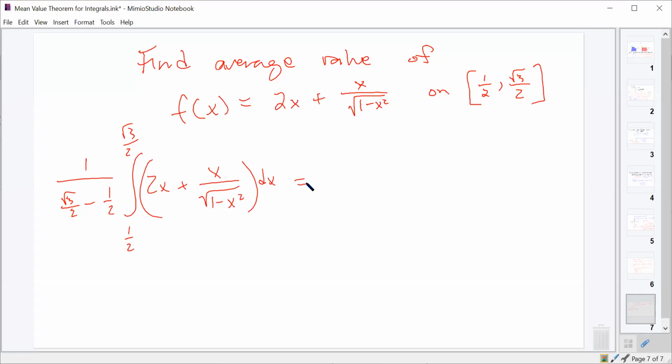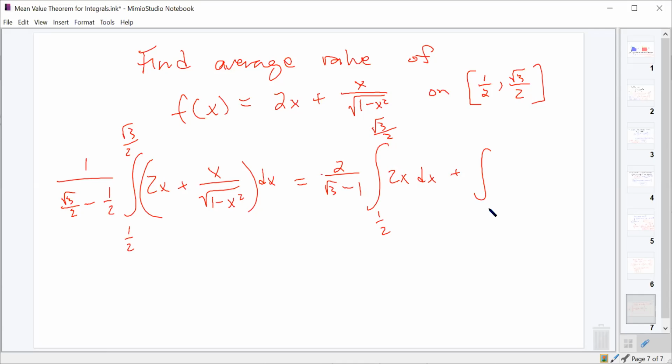I hope. Okay. So the 1 over root 3 over 2 minus 1 over 2, we could flip it and make that 2 over root 3 minus 1. And then we've got an integral of 2x dx, which should be really easy to do. But the other one is a little more complicated.